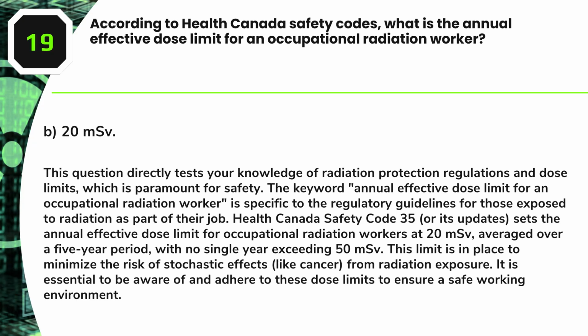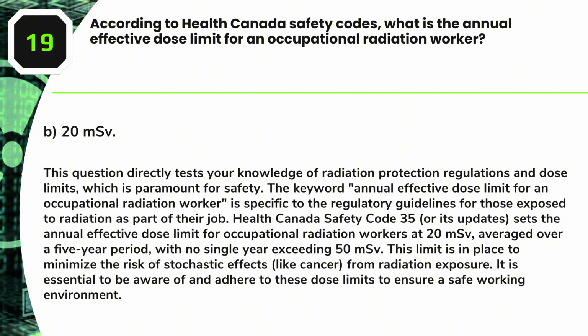Answer: B. 20 mSv. This question directly tests your knowledge of radiation protection regulations and dose limits, which is paramount for safety. The keyword annual effective dose limit for an occupational radiation worker is specific to the regulatory guidelines for those exposed to radiation as part of their job.